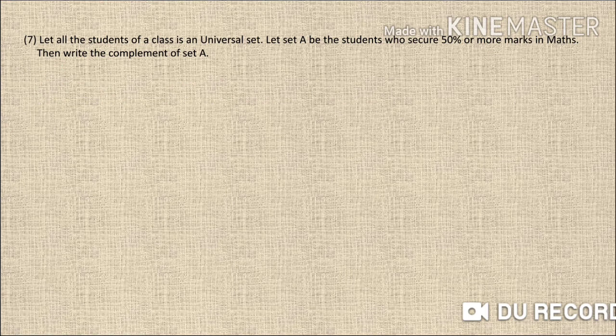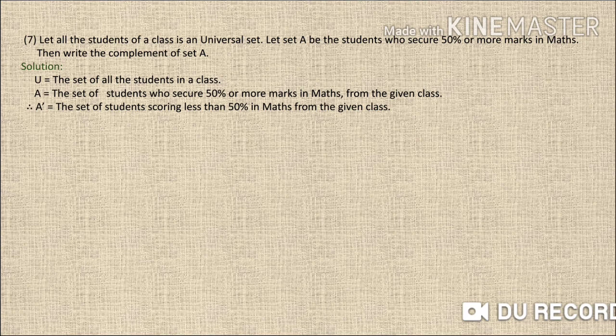Question number 7. Let all the students of class 9 be the universal set. Let set A be the set of students who score 50% or more marks in math. Then write the complement of set A. So first write down what the universal set is.